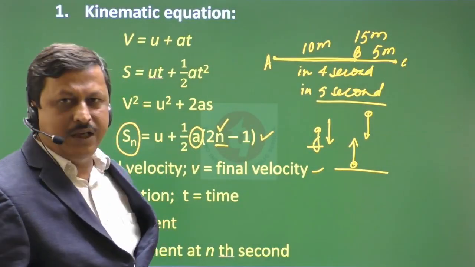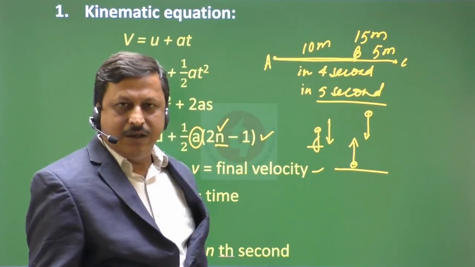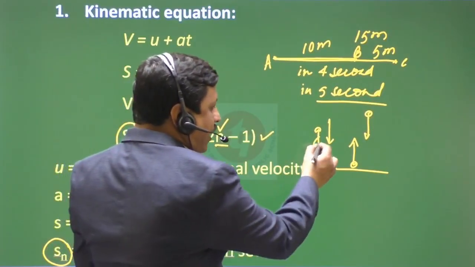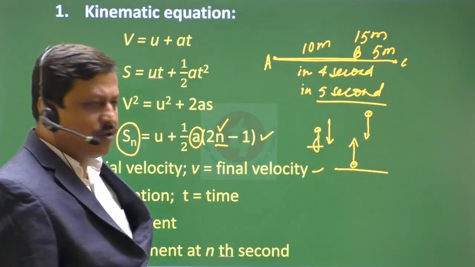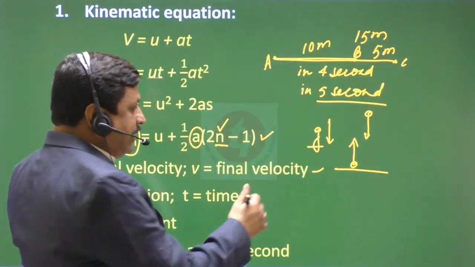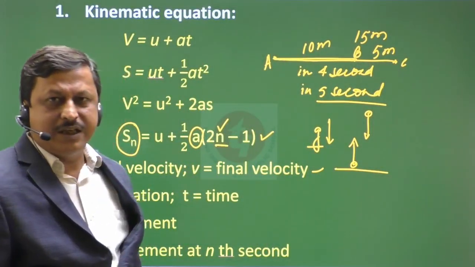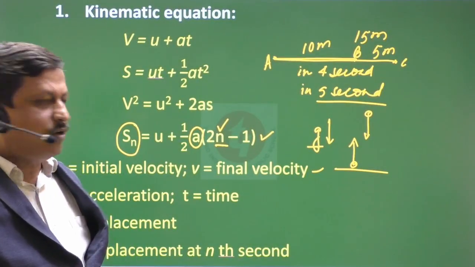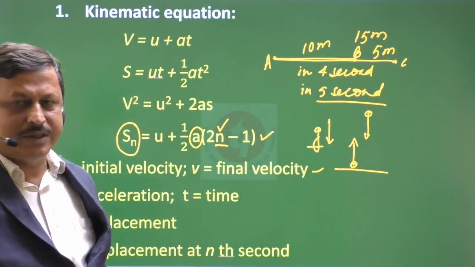But if there is no given value of g, you may take 10 as g, because for this value the calculation is comparatively easier. But if in the numericals the given value of g is 9.8 meter per second square or something else, then you have to put g as 9.8 meter per second square.